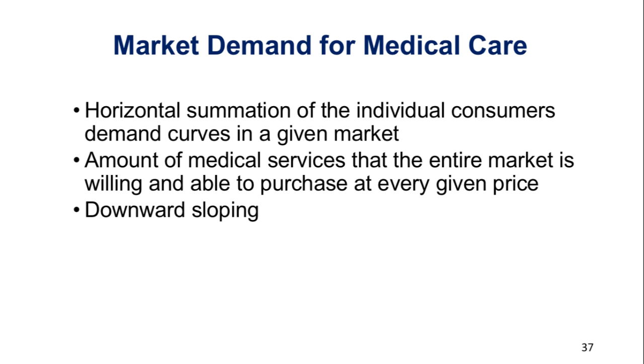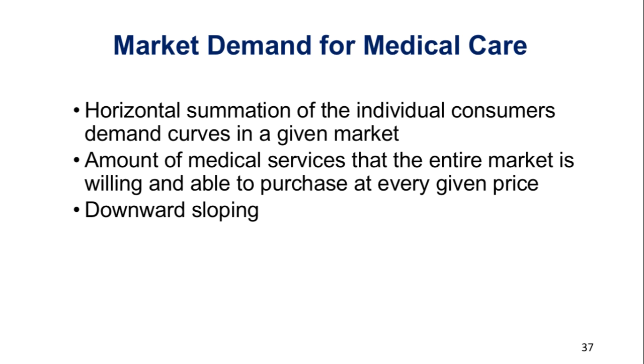What is the market for flu shots? You have to sum up the number of people demanding the flu shot at a specific time in a specific place, and you can get the market demand for flu shots in this market, or the market demand for, say, atypical antipsychotics.